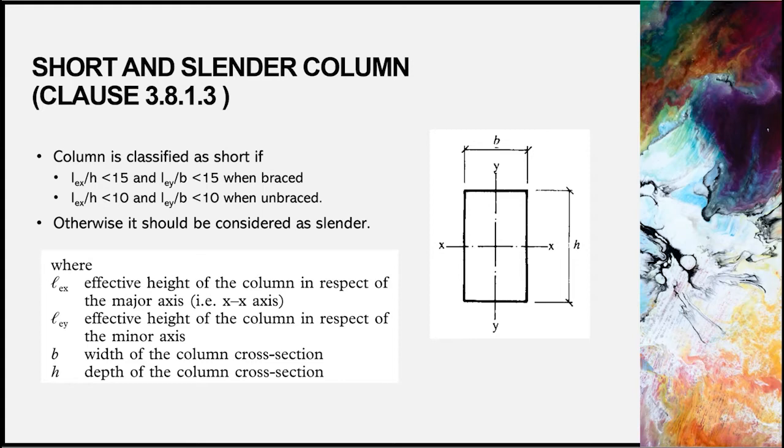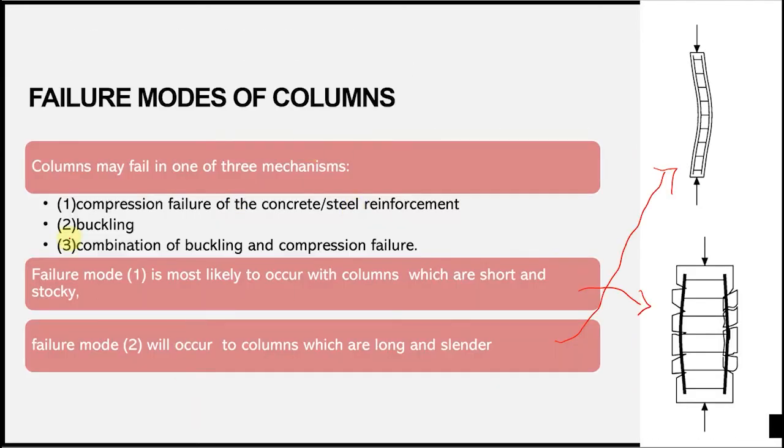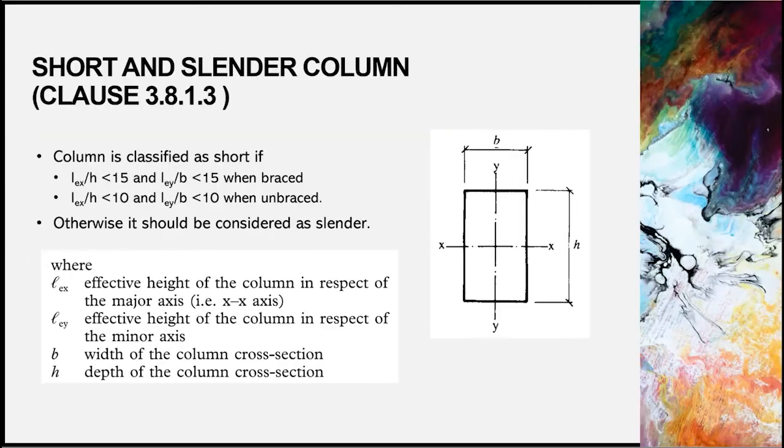So we have to classify which column this is, then only can we start the design. Because from the beginning we already know, because of the failure mechanisms before this. So if you look here at the failure modes, there are slender types and also short types of column. So we want to avoid this failure from happening. So we have to identify first which type of column it is, right?